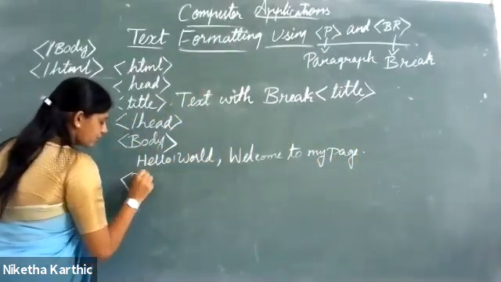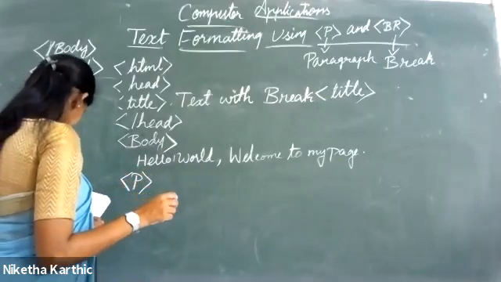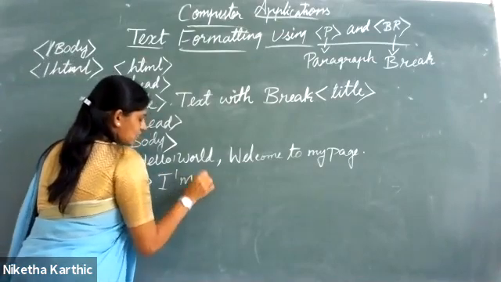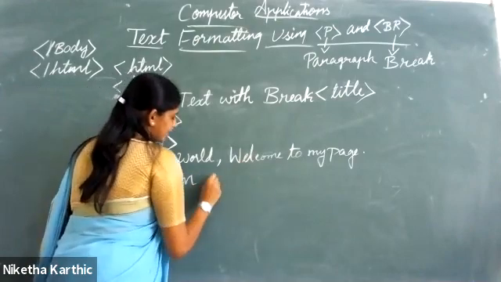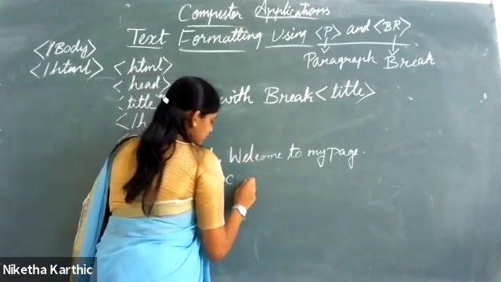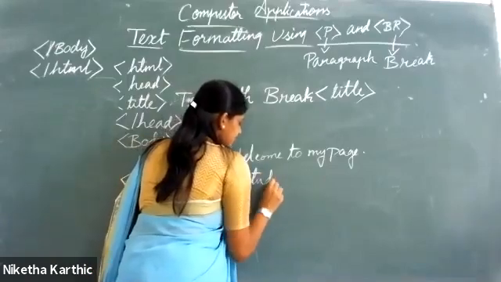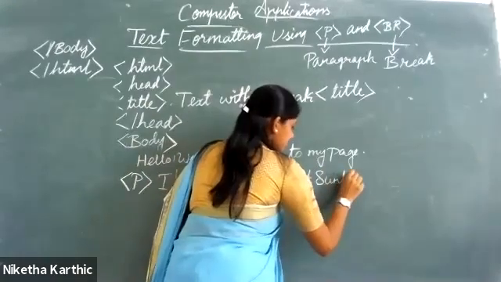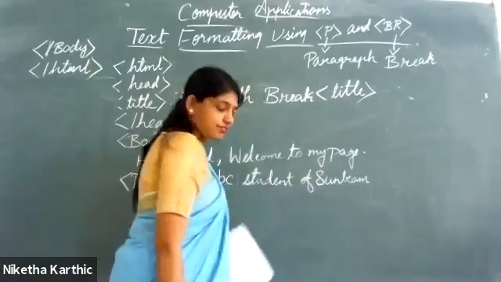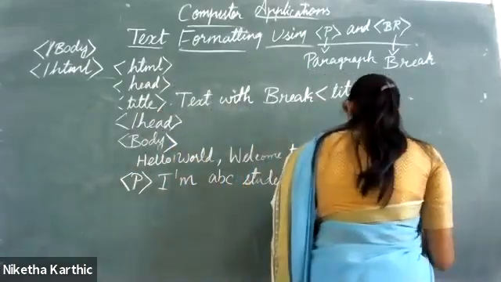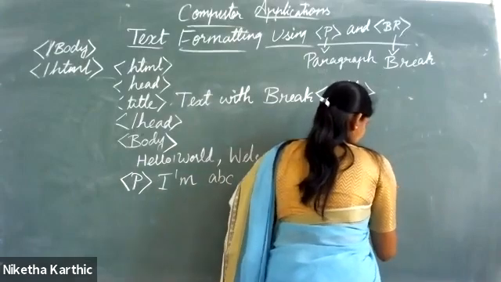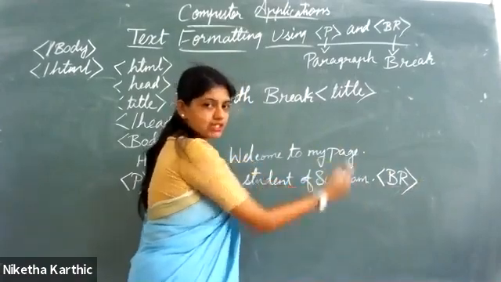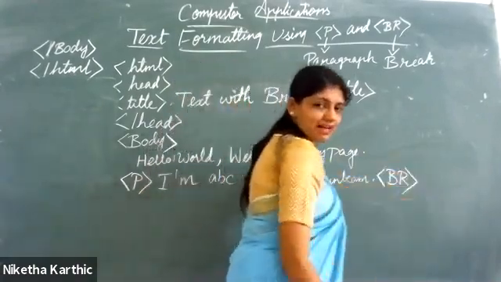Now here you are going to make a paragraph: I am ABC, student of Sunbeam. Then next we are going to do a BR. After this you want the next text on the next line, but you are writing it in a paragraph.